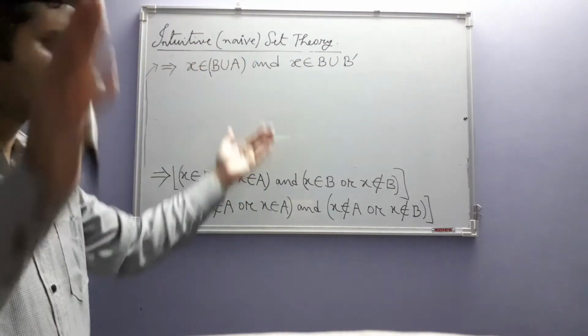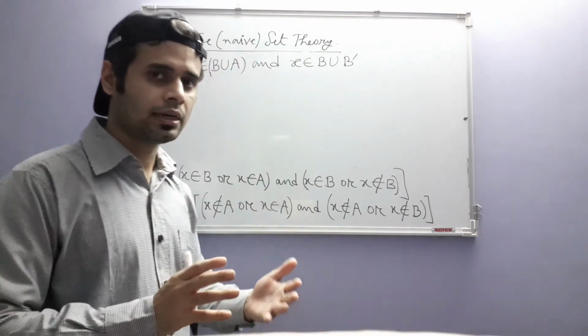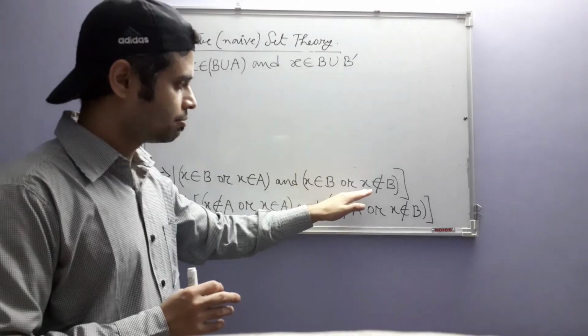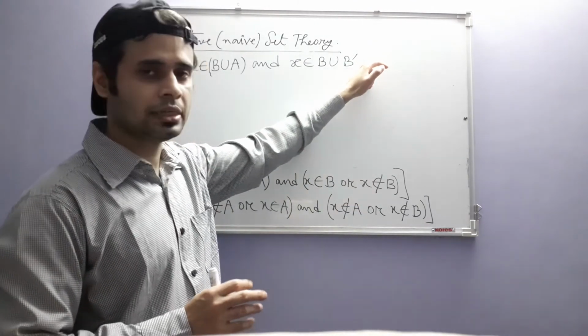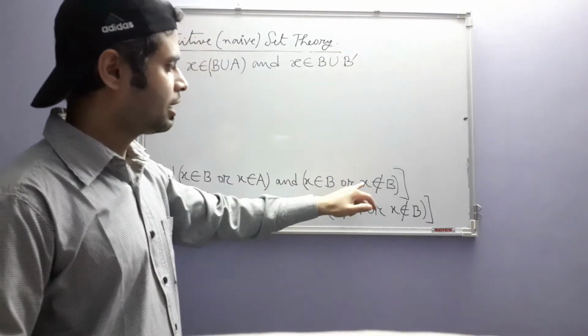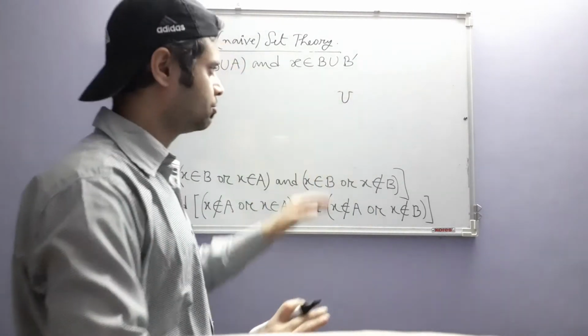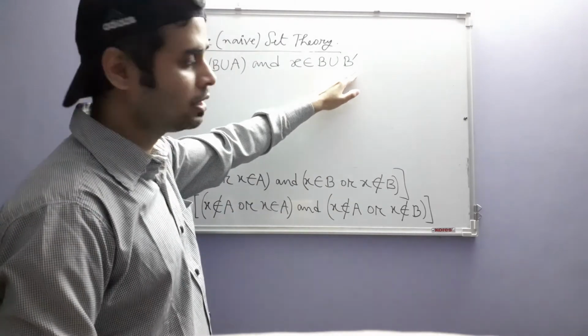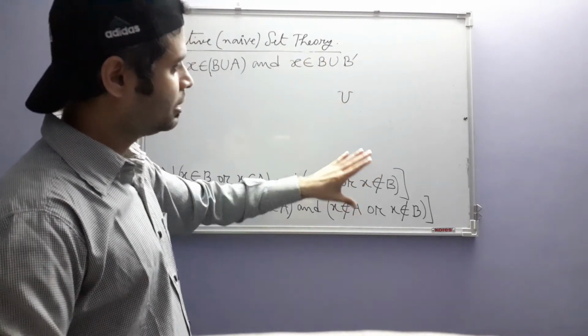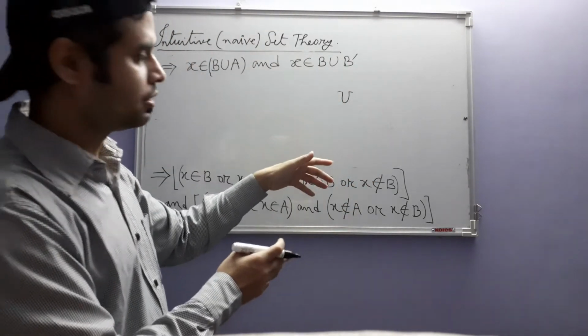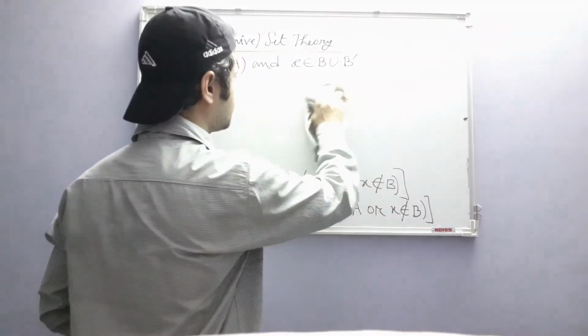But since the universal set is fixed in a given discussion, B complement is well defined. We don't even have to mention that there is a universal set U. It is understood whenever we are writing B prime, that means the complement of B in a given universal set. Okay.